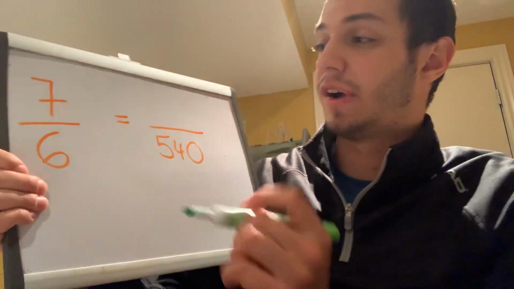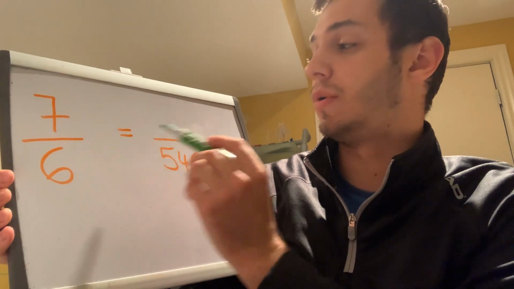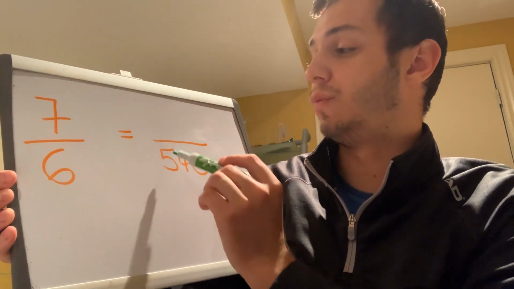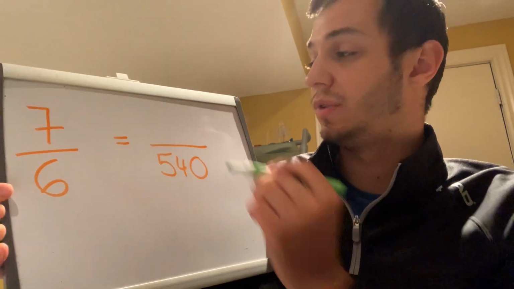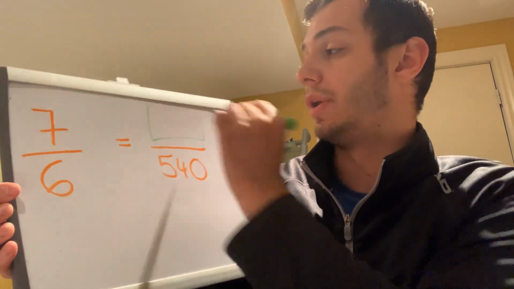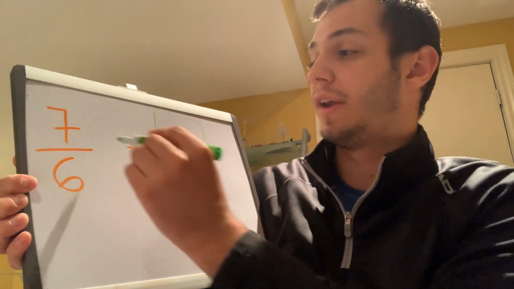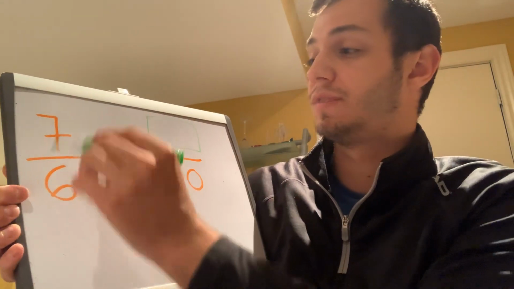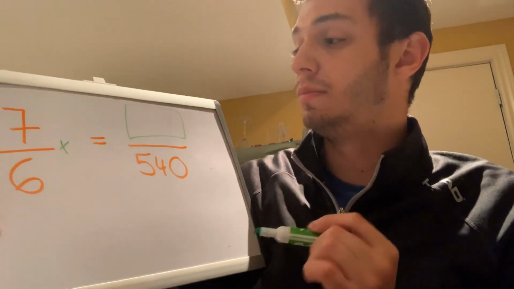So if you look at part A, we have the fraction 7 over 6, and then it should equal another fraction with the bottom number of 540. So what we have to do is find this missing top number. So our first step will be to find what we are multiplying this fraction by to get this fraction, right?